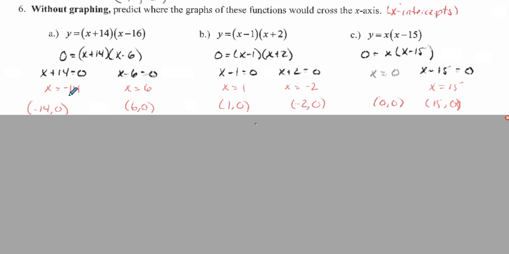That's going to have x-intercepts at (-14, 0) and (16, 0). Our second function of y equals our quantity x minus 1 times our quantity x plus 2 has x-intercepts at (1, 0) and (-2, 0). Then our third function, y equals x times x minus 15, has x-intercepts at (0, 0) and (15, 0).